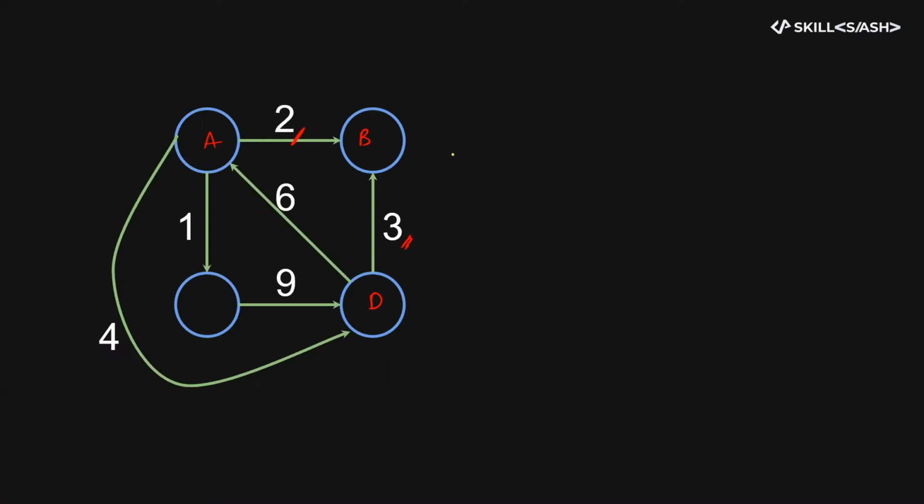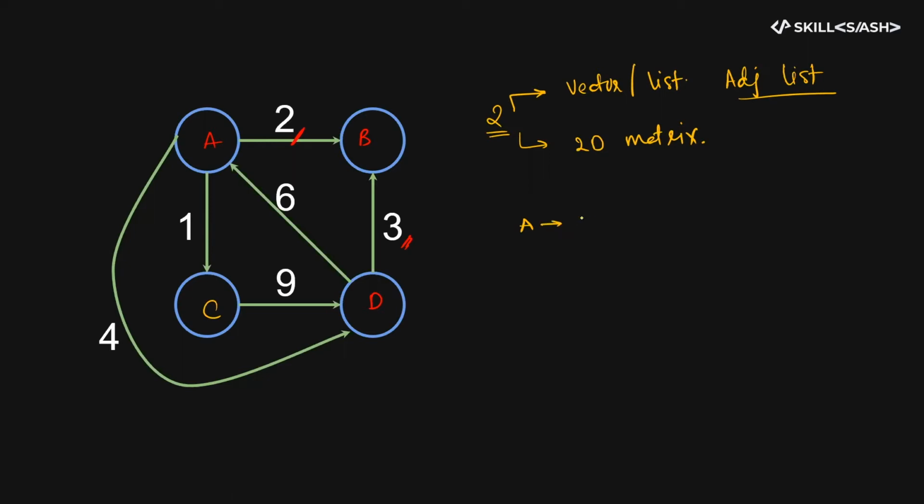the graph can be represented in two ways. One is vectors or a list, which people call an adjacency list. Another is a 2D matrix. In whichever way you are representing a graph, it will be something like this. Let's say you have a node A and it has connections B and C. You just mention them in A node's adjacency list.